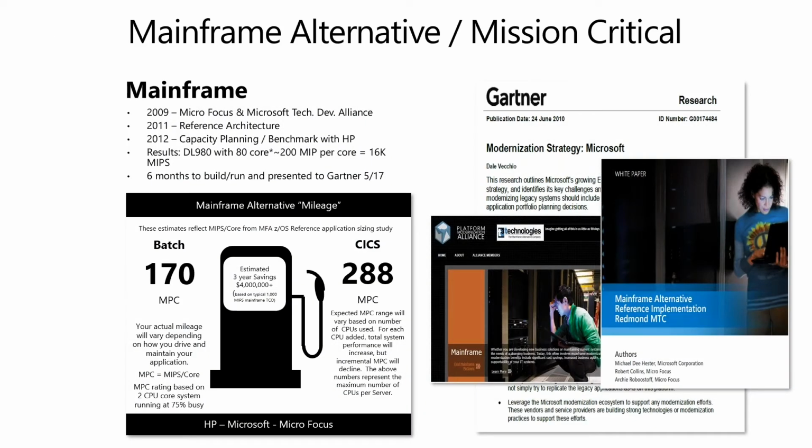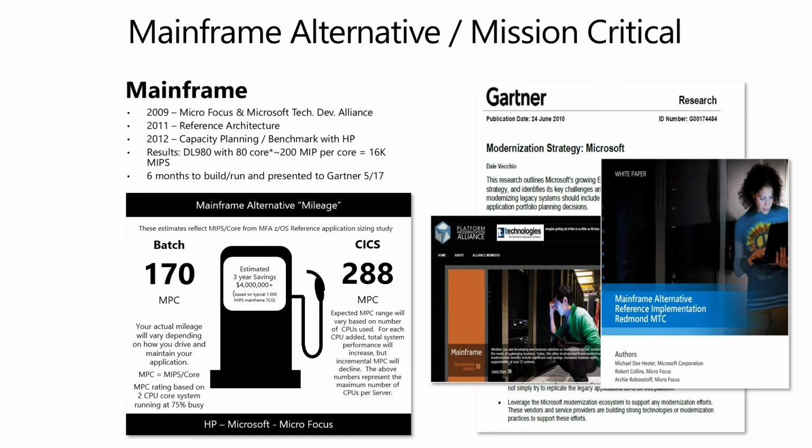So one of the things that we're often asked is, okay, if I'm interested in doing this, how do I map my compute that's on the mainframe into compute that's in Azure on the cloud?